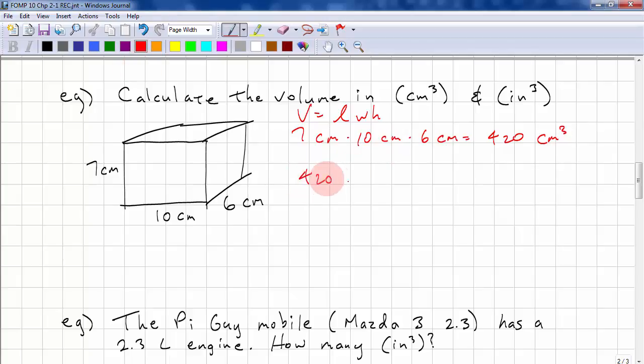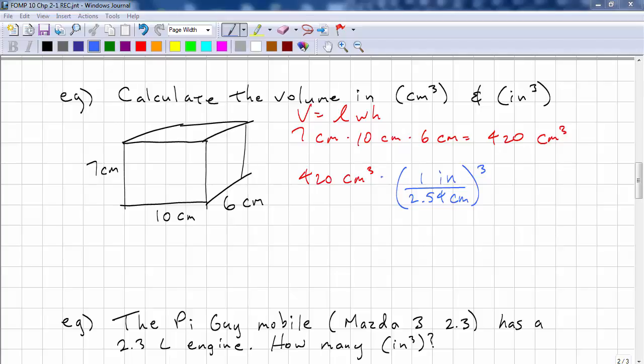Okay, we can take 420 centimeters cubed, and we're going to do our conversion. 1 inch is equal to 2.54 centimeters, and the whole thing is cubed.